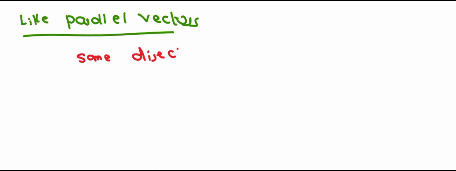Now, what are like parallel vectors? Like parallel vectors are those vectors which are acting along the same direction. So these are the like parallel vectors.